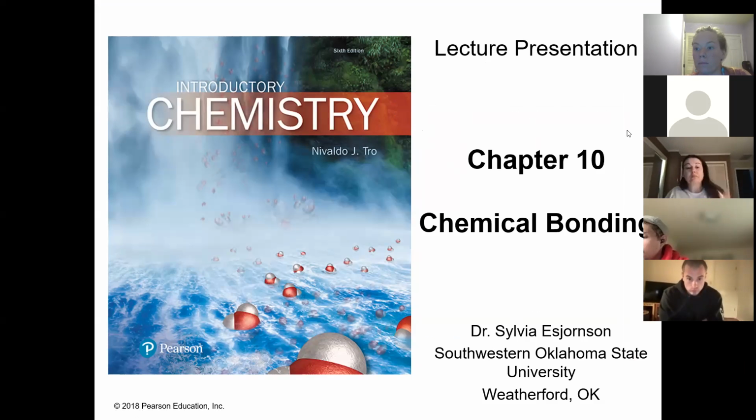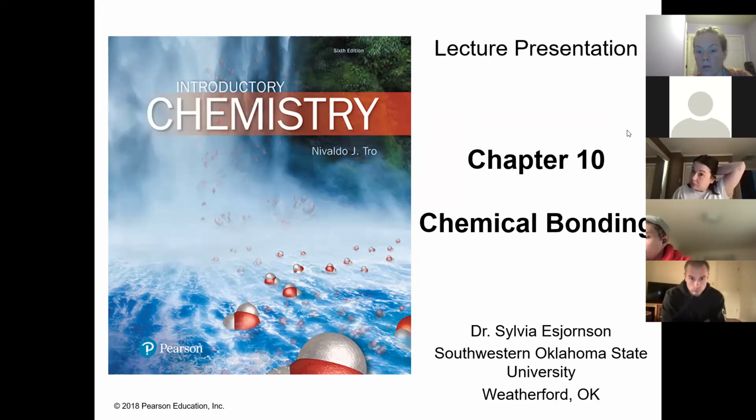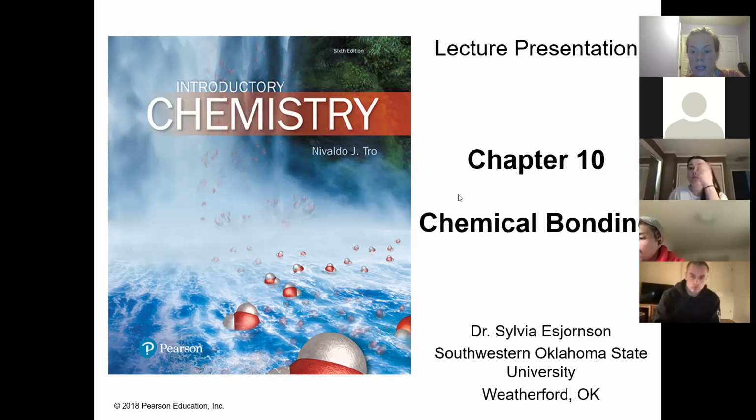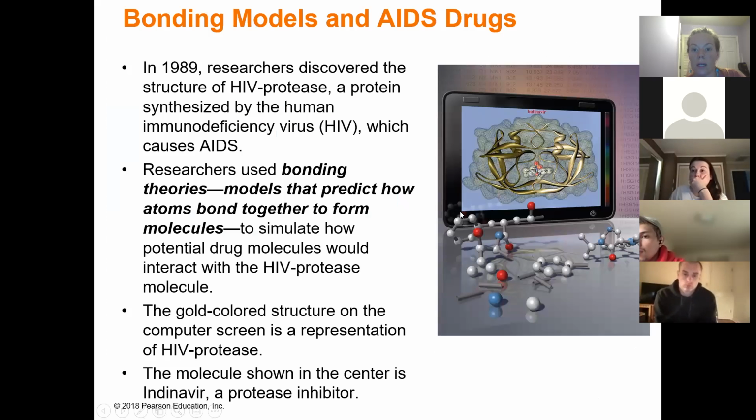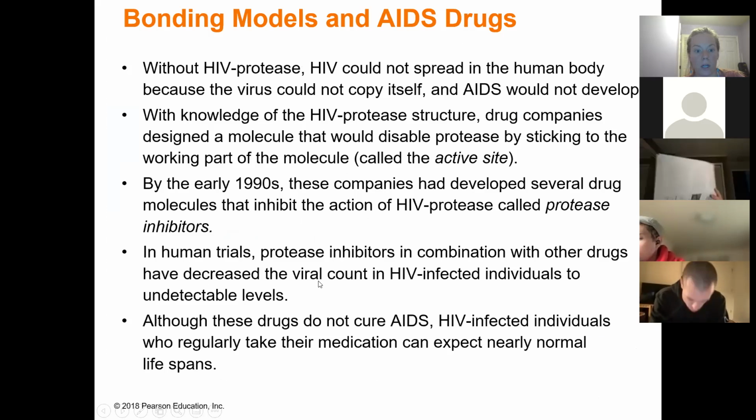If we use these upcoming bonding theories that we're going to talk about, we can actually start to predict what some of these shapes are. Now, these shapes that you can see over here on the right are much more complicated than anything we're going to see. That's more organic stuff. But the same principles that apply to these more complicated molecules also apply to the stuff that we're working with.